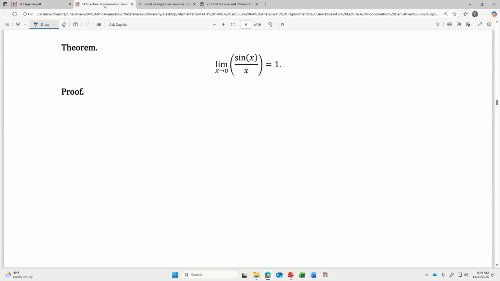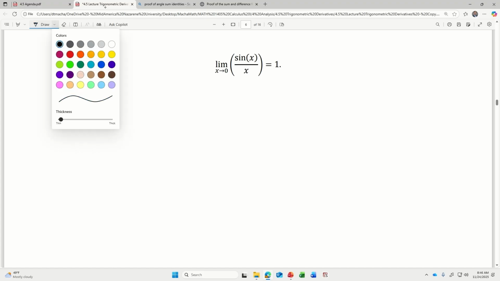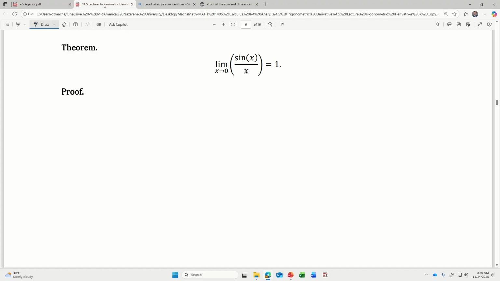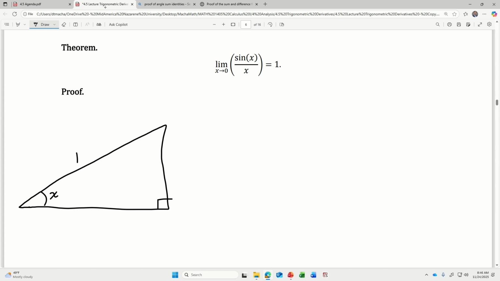We saw this limit before when we were discussing limits, but I want to show you again because I think it's a really nice, important limit. The way this proof goes is we draw a picture of a triangle. For this triangle, the hypotenuse is going to be 1. I'm going to have a right angle, and I'm going to have this angle x.